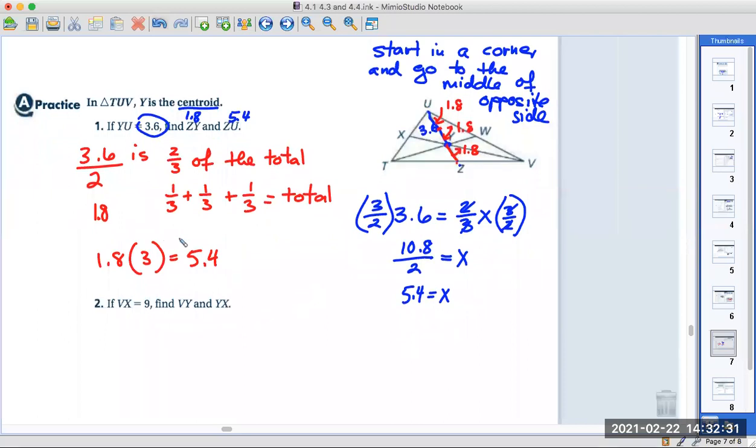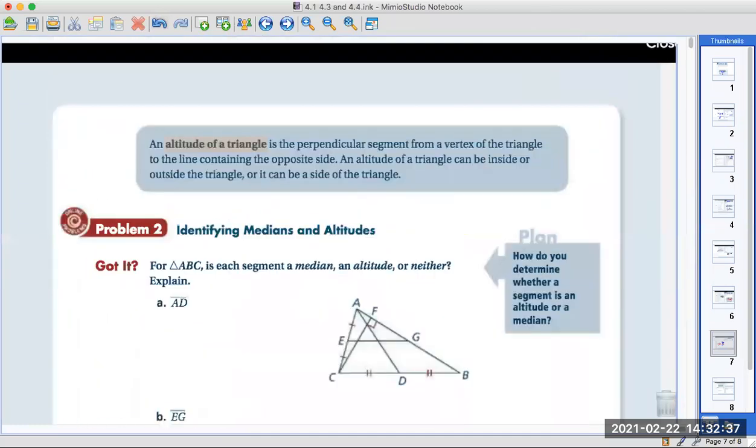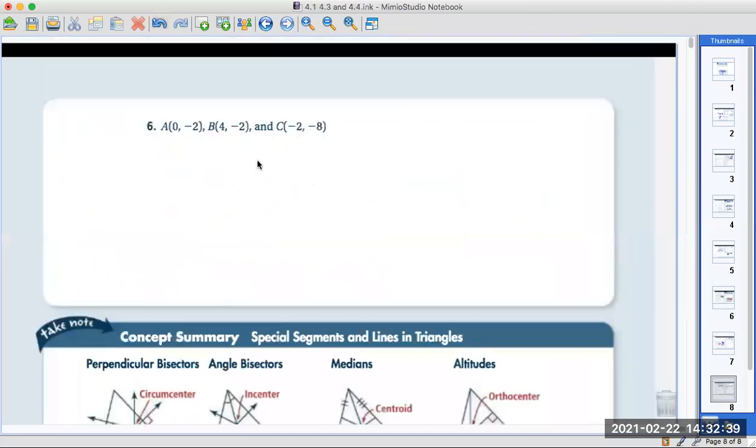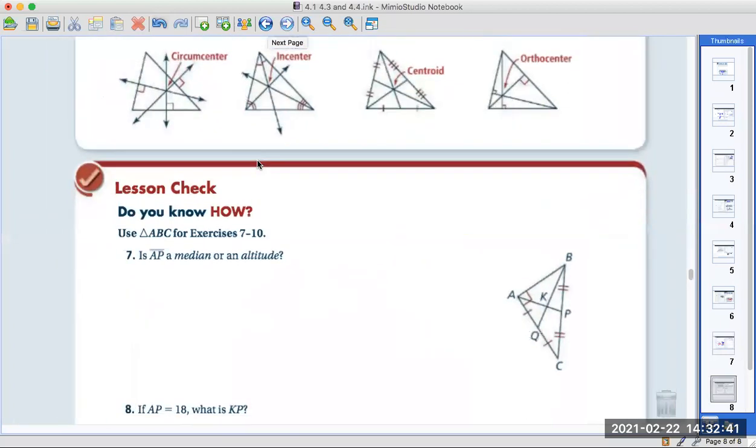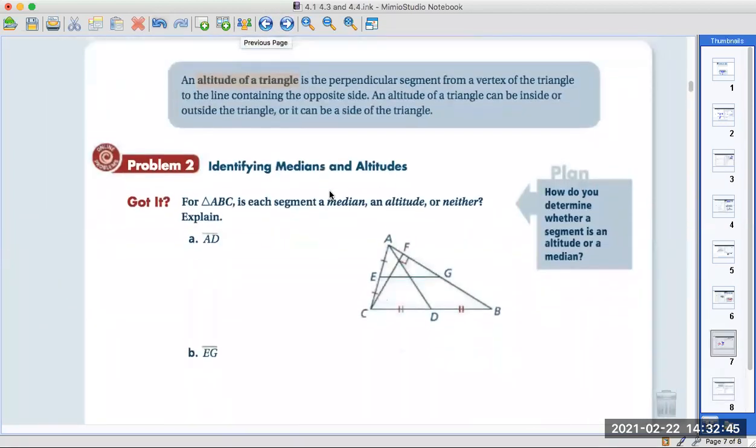And I'm going to move on to, let's see what our next page is. Do we have anything here? No. Oh, you know what, I do want to go over this altitude stuff, identifying altitude. An altitude starts in one corner and goes to the opposite side, but it's perpendicular.